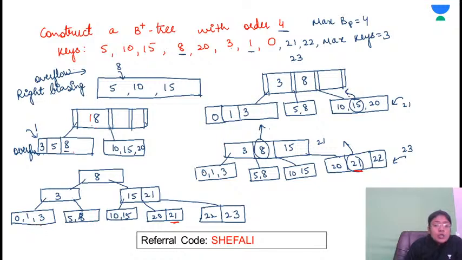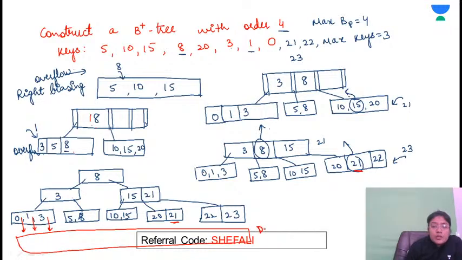Right? So this is how node splitting takes place in the B plus tree. If you observe here, for every element there is a record pointer which will be pointing to the record in the database file, where it is available.